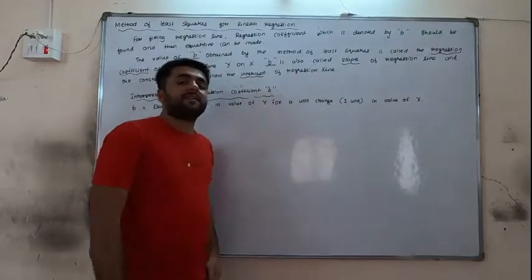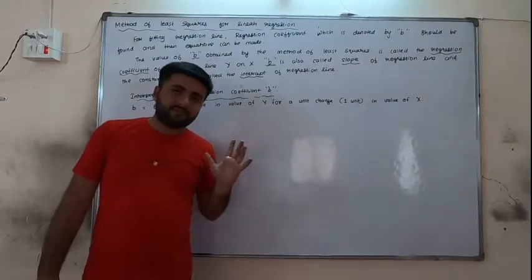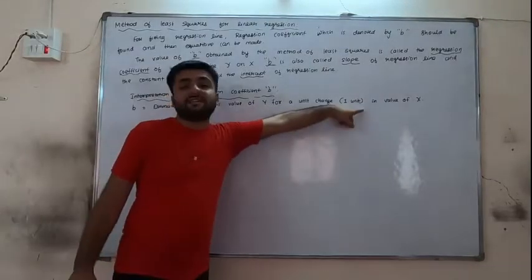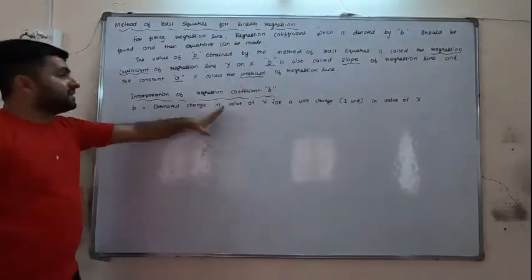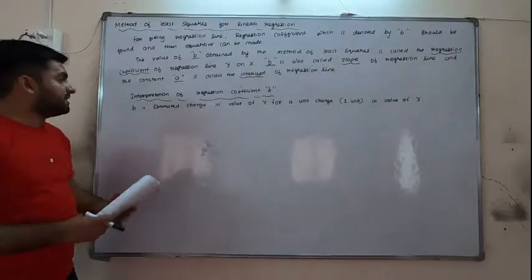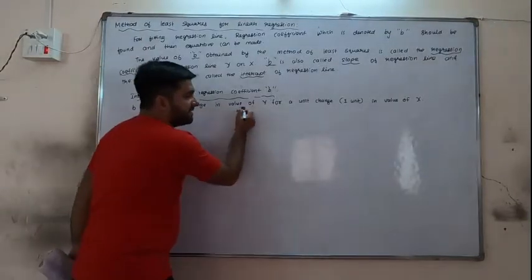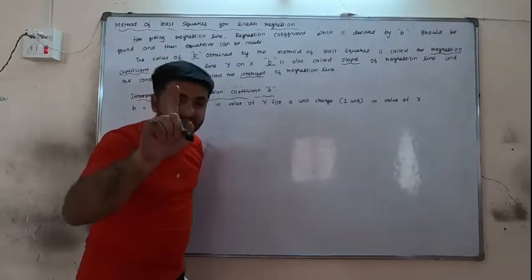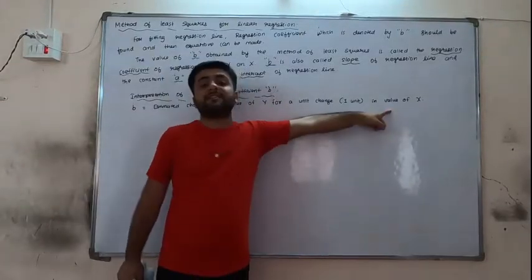It says that if b is 5, then how can we interpret it? 1 unit change in x, 5 units change in y, because b is showing the estimated change in y. B is 5, so y is changing by 5 units for 1 unit change in x.